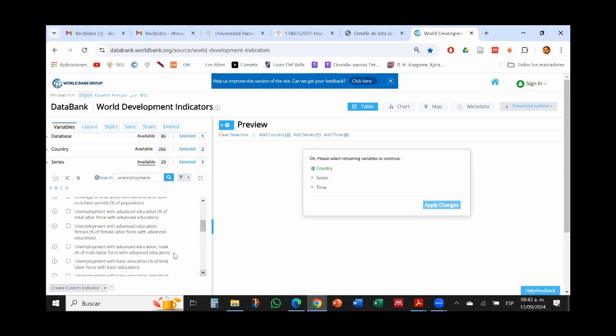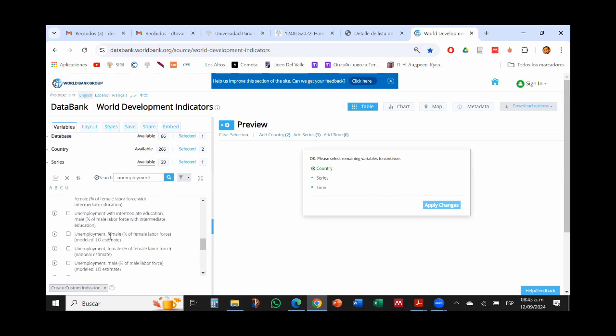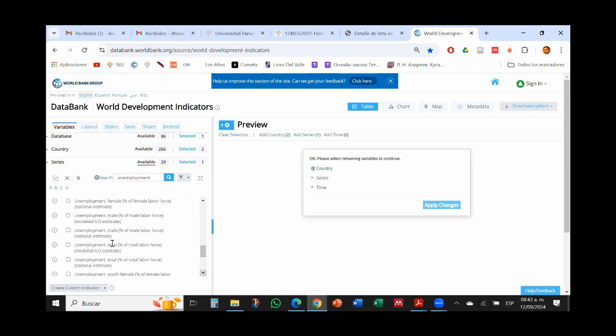But you can see here unemployment according to education, could be unemployment according to gender, male, and also, as I told you, there could be unemployment total. This is what we need. You can also look here, but could be an estimation based on the international labor organization versus the estimate that is done by your local institution.